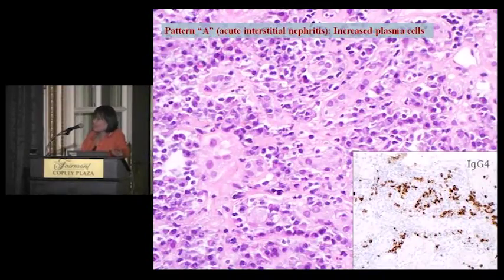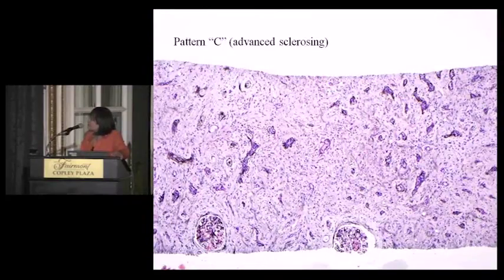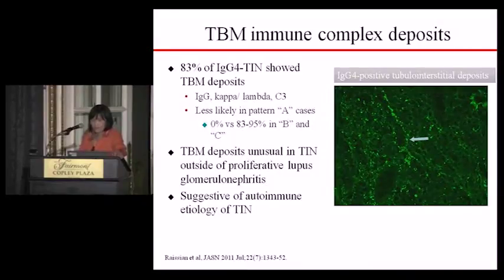So this is pattern A. This is pattern B. This is pattern C. Again, you probably recognize by now. This has collagen deposit, interstitial fibrosis, tubular atrophy, and much less infiltrating cells. So this is pattern C. So pattern B is sort of in between. Okay.